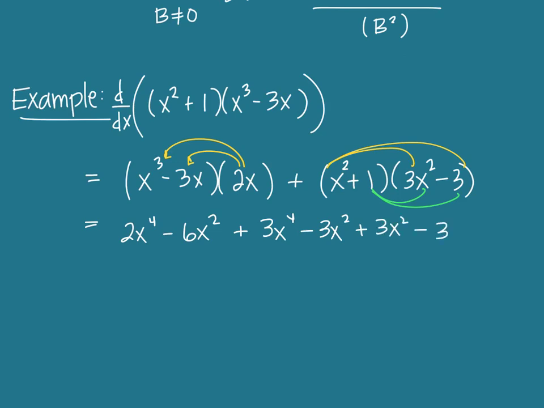Now that I've simplified that, I want to combine like terms. So I have 5x to the 4th altogether. For my x squared terms, I have minus 6x squared, a minus 3x squared and a positive 3x squared, which leaves me with negative 6x squared, and then minus 3.